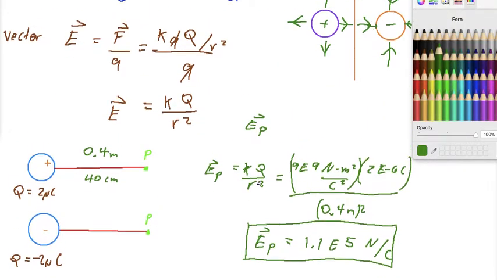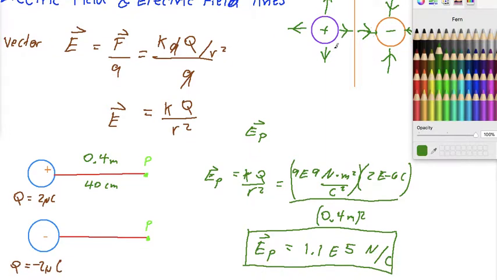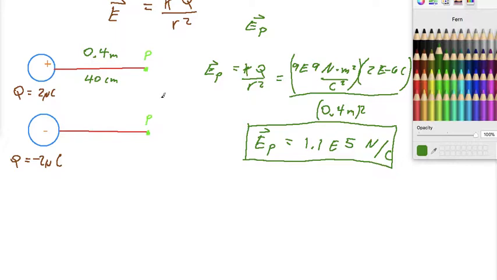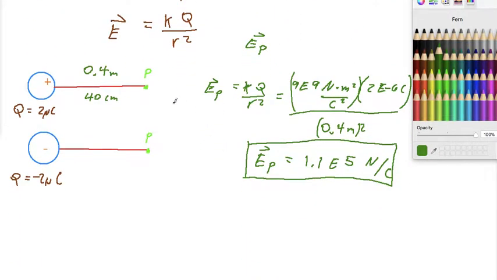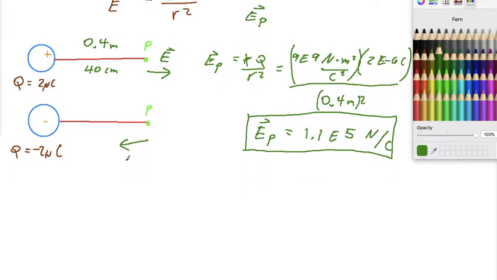Well, now this diagram comes into play. For the positive particle, we said positive is always pushing away, so this electric field is going to be going away from it. And for this one, it is going to be going towards it. Right? So that's pretty much it.